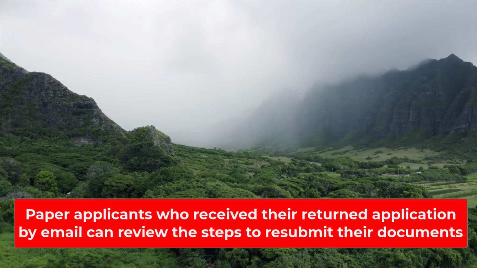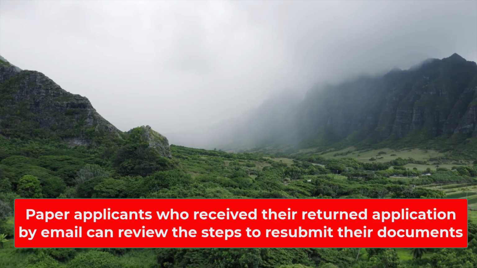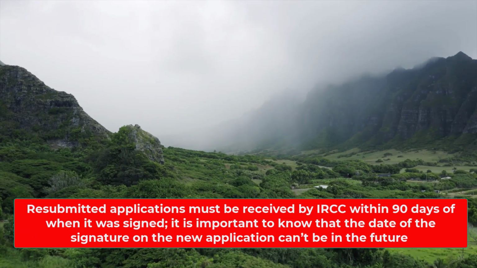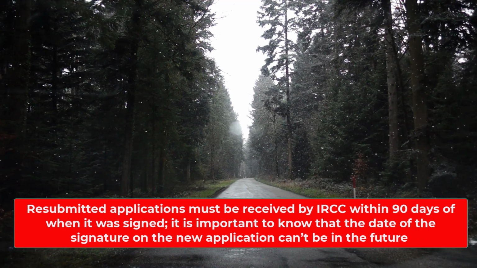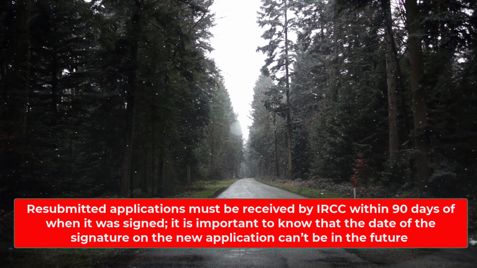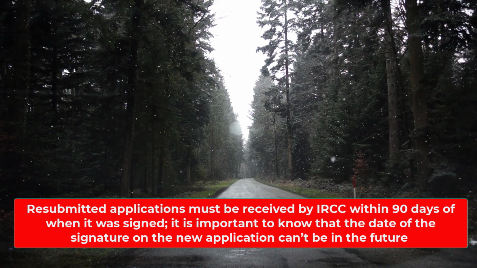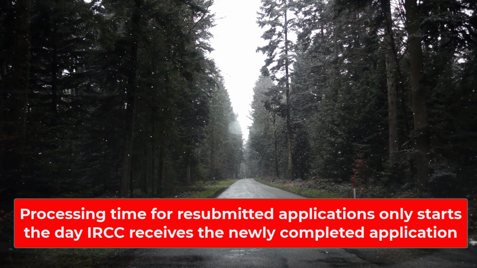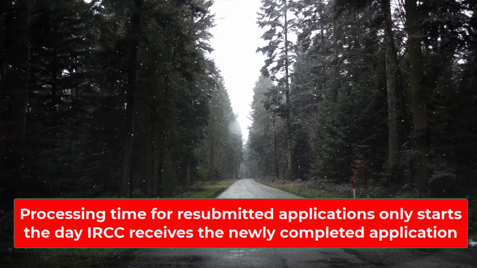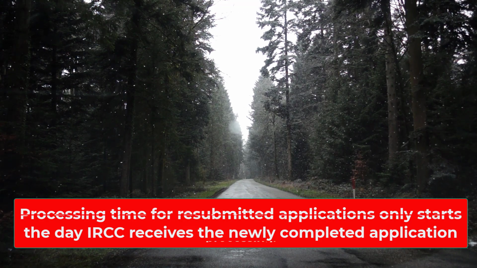Paper applicants who received their returned application by email can review the steps to resubmit their documents here. Resubmitted applications must be received by IRCC within 90 days of when it was signed. It is important to know that the date of the signature on the new application can't be in the future. Processing time for resubmitted applications only starts the day IRCC receives the newly completed application.